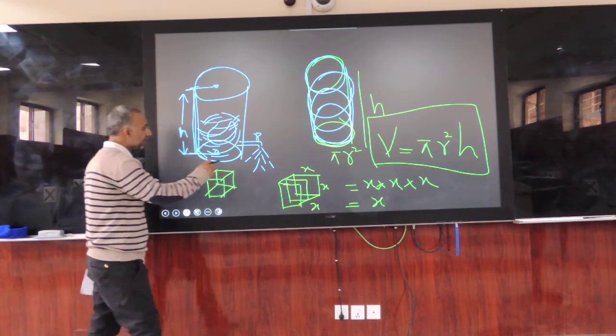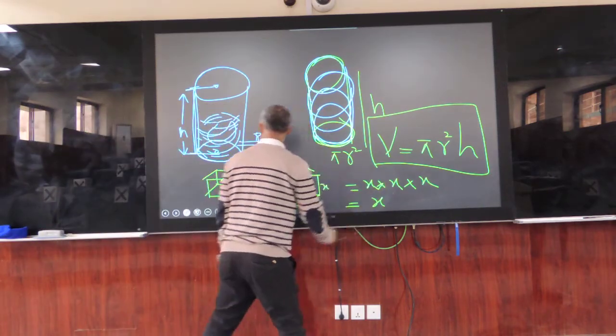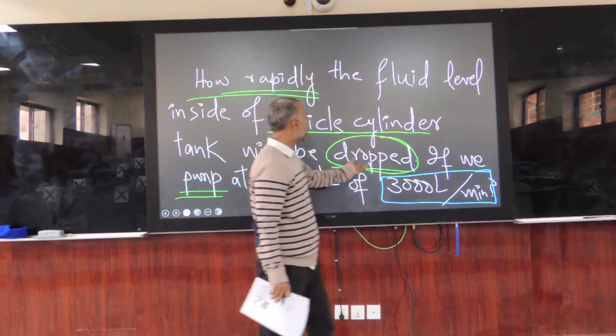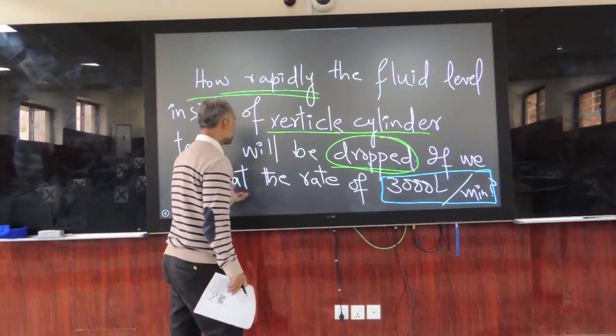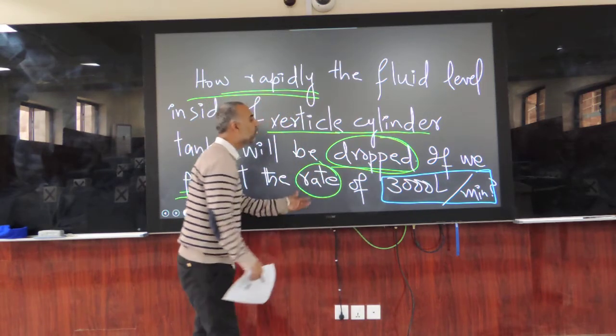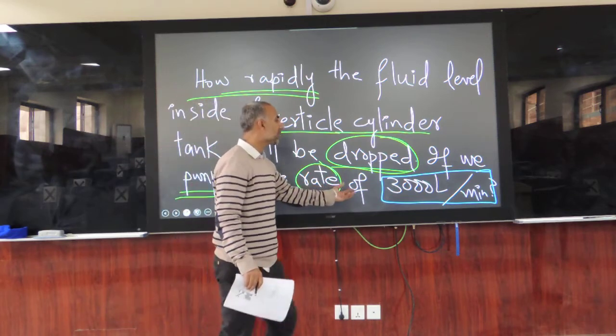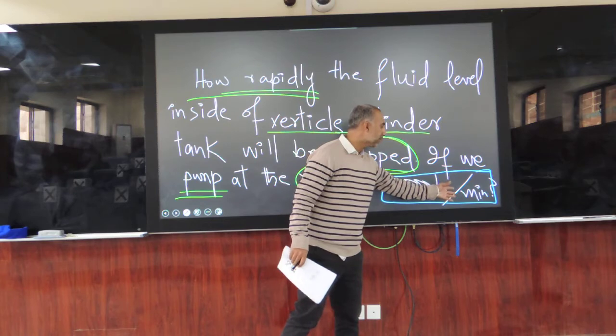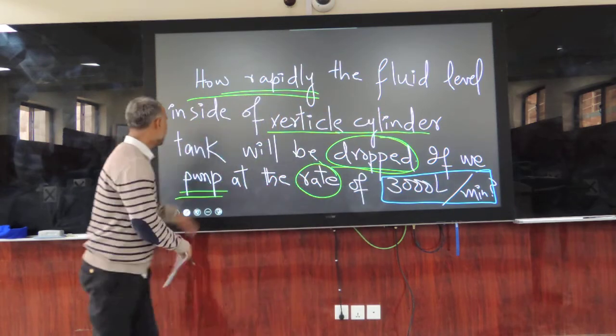So now this is the volume, and they are telling us that if we pump at a rate, it means something is changing. What is changing? Volume is changing with respect to time, so liters are changing with respect to minutes.